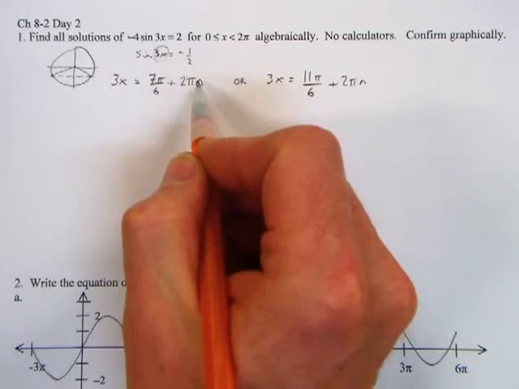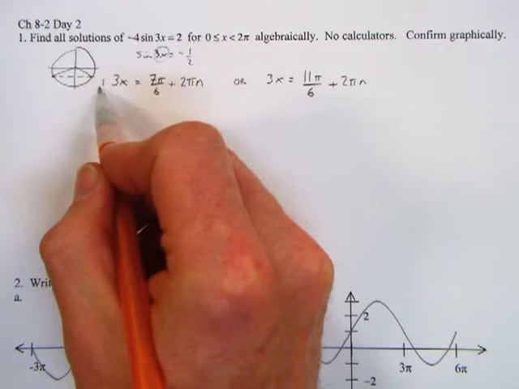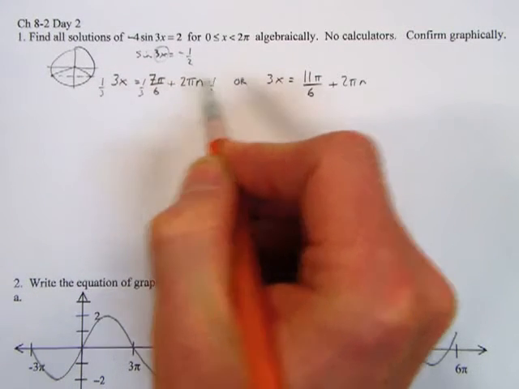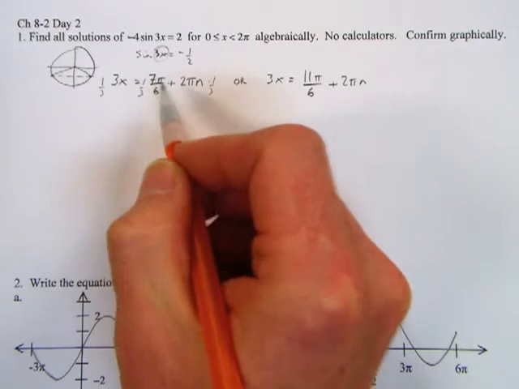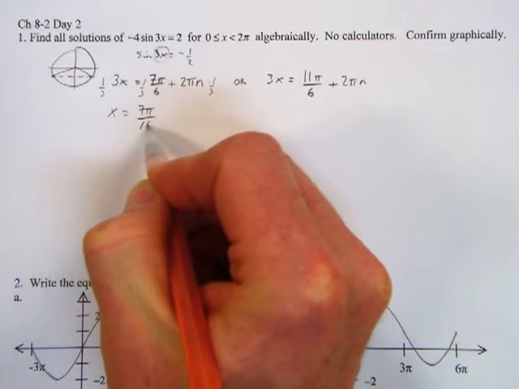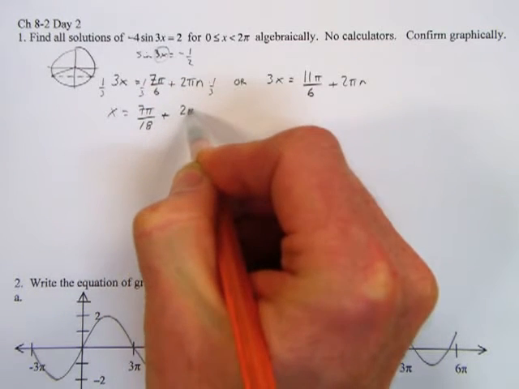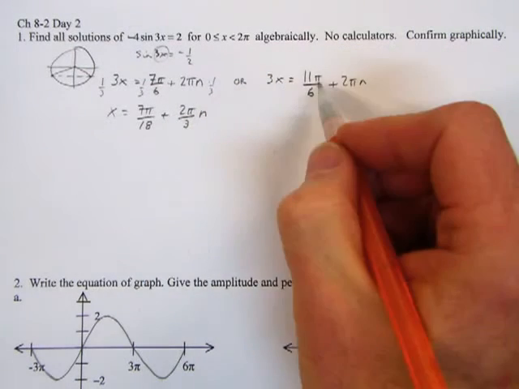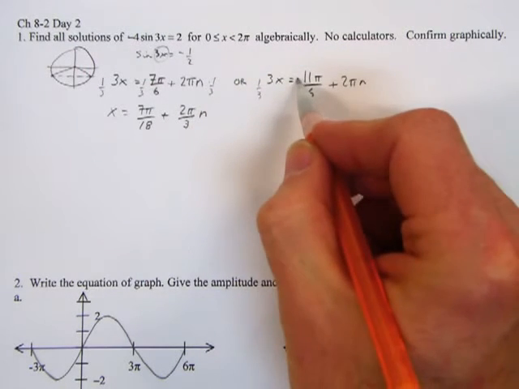Now we're going to divide by 3, but I would strongly recommend instead of dividing by 3, we multiply by the reciprocal, because too often people make mistakes with dividing a fraction by 3. And we get x equals 7 pi over 18 plus 2 pi over 3 times n. Similarly, we'll do the same thing over here. Let's multiply by a third.